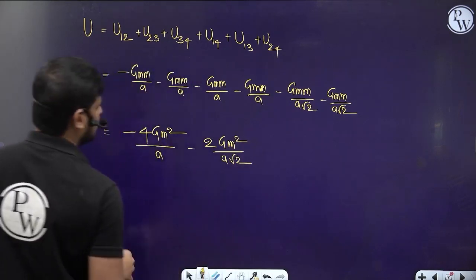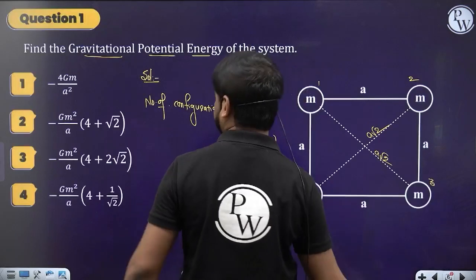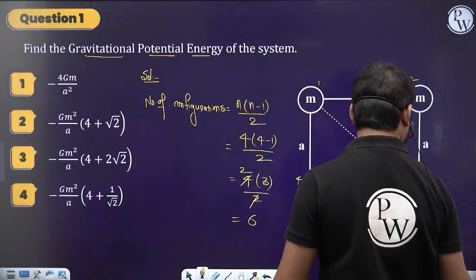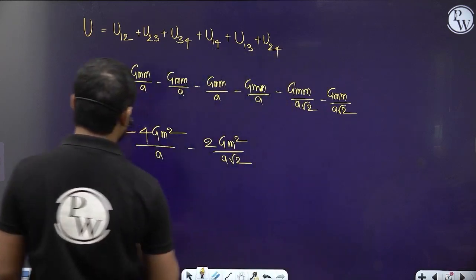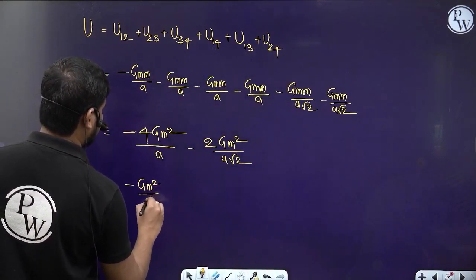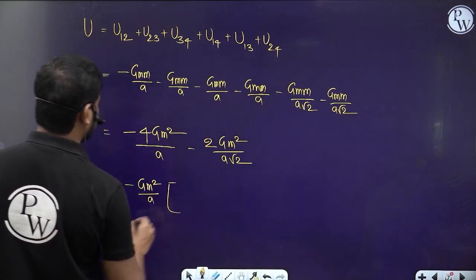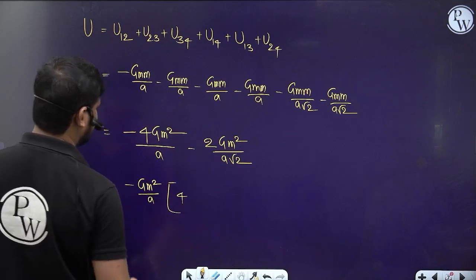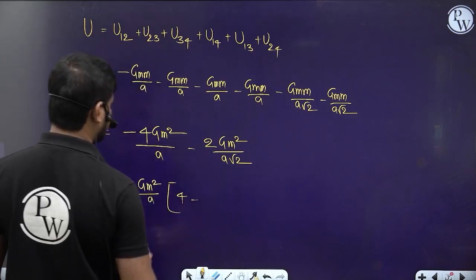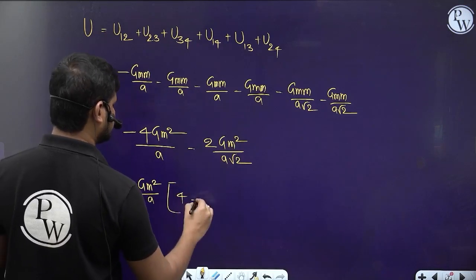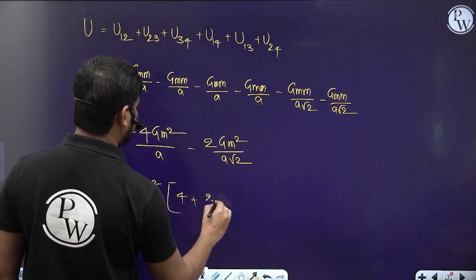Now, how are the options? Minus G m square by A, you can take it out. If you take it out, minus is common, so 4 is left, plus 2 by root 2.